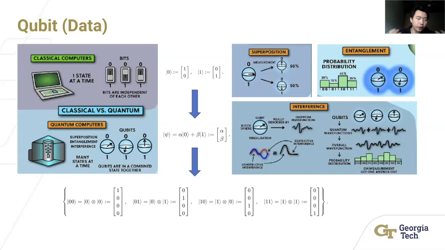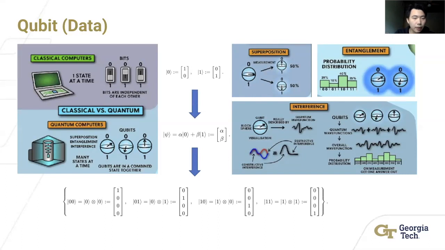For example, a classical 50-bit register can be in just one of the 2 to the 50 states, but a quantum system can be in a superposition of all those states. It can explore much more space compared to classical bits.